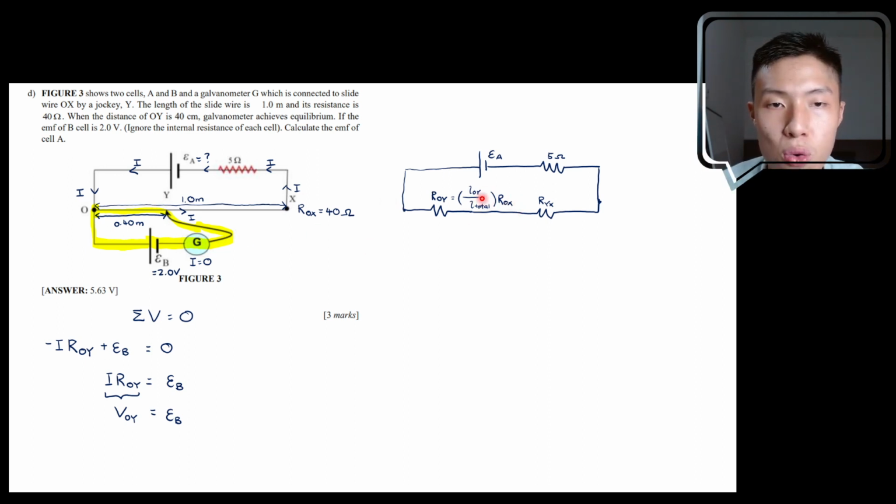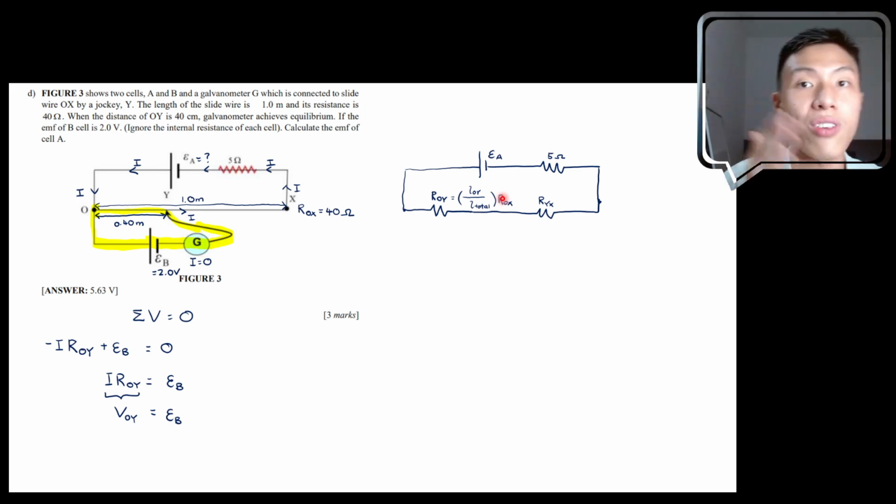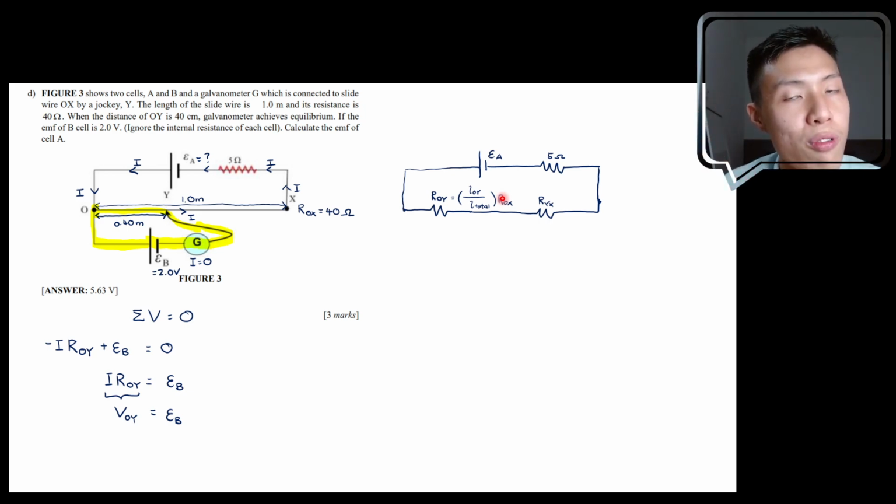So if you know the total length is 1 meter and you know that O to Y is only 40 cm, that means you are only taking up 40% of the total length of the slide wire. 40 divided by 100 cm means you have only 40% of the length of the whole slide wire. And 40% of the length means you're taking up 40% of the resistance, because the longer the length, the greater the resistance. So you only take up 0.4 of the total length, and so 0.4 of the total resistance of the wire.